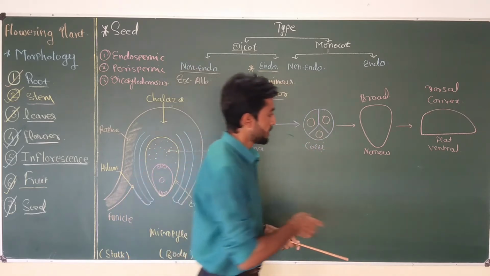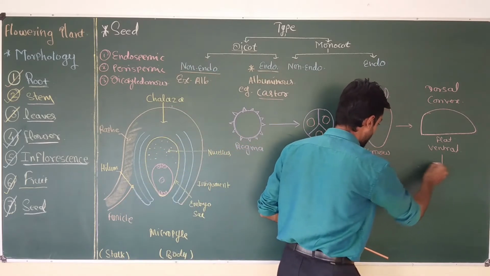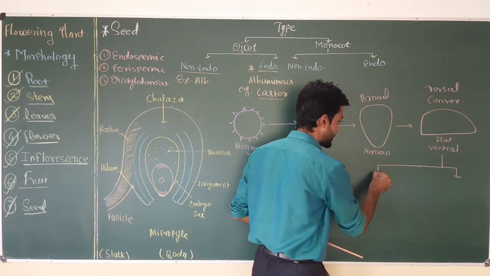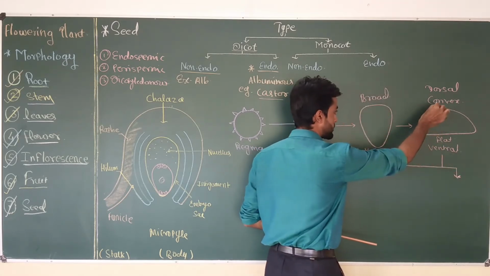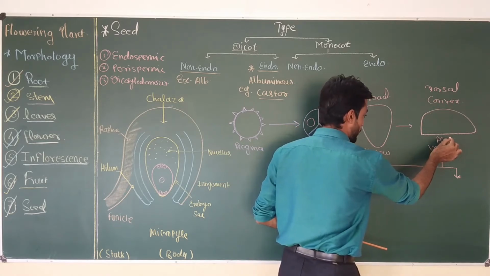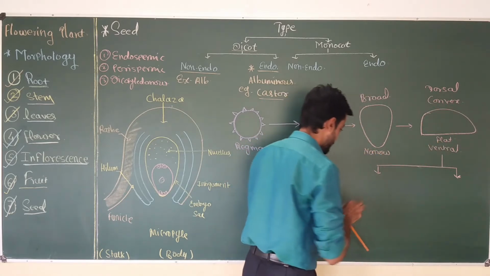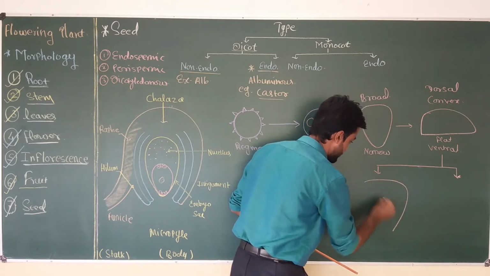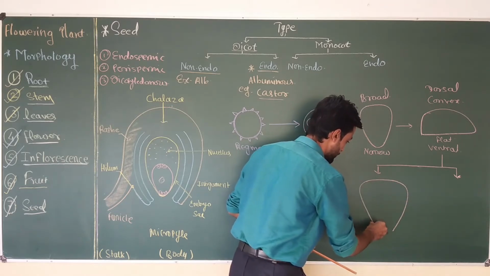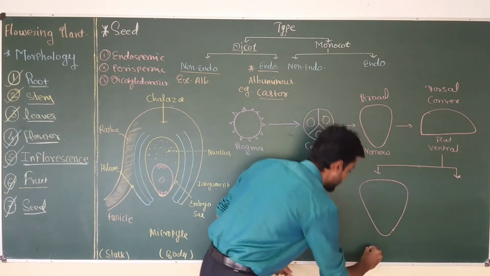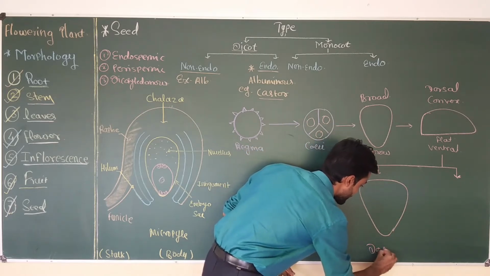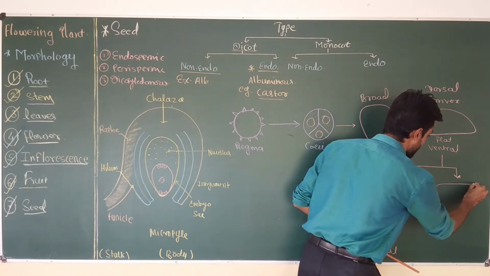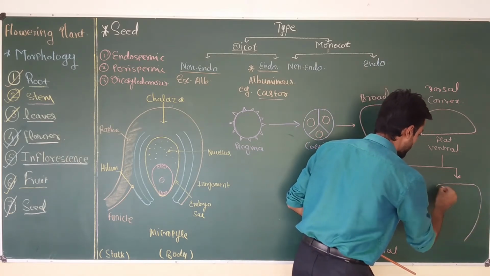Okay, so now if we see both these surfaces of the castor seed, that is the dorsal surface and ventral surface, then you can find a notable difference in the structures. Okay, so suppose this is the dorsal view of the seed and another is the ventral view.